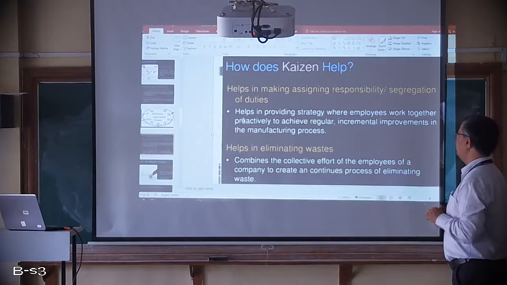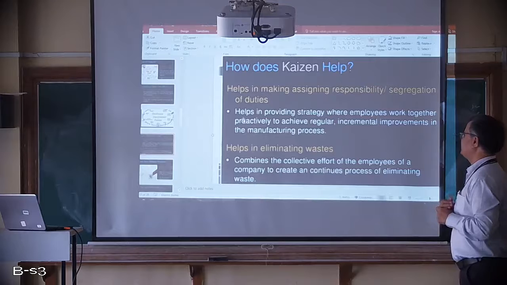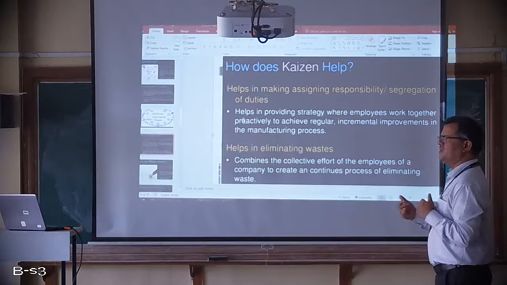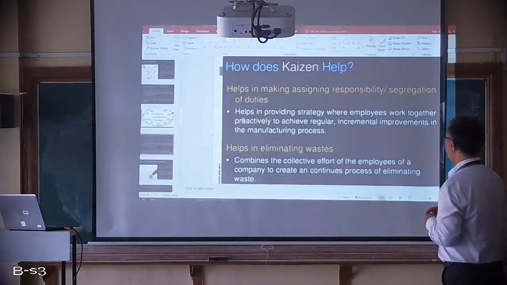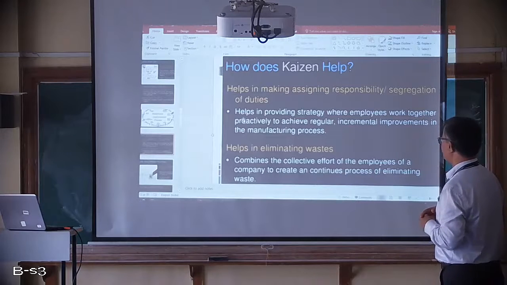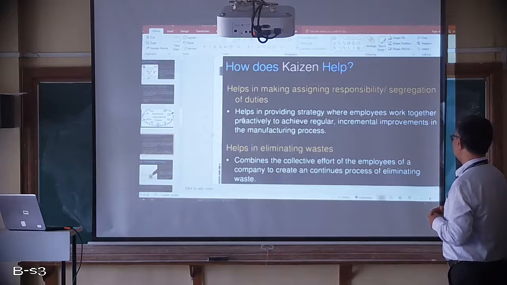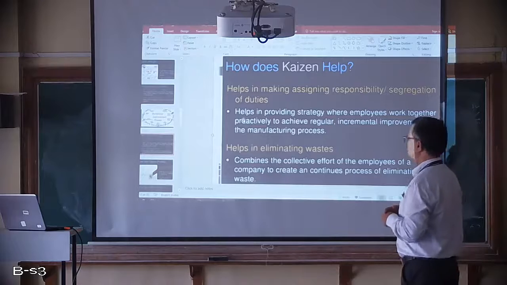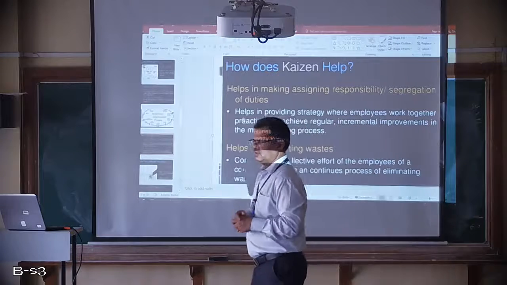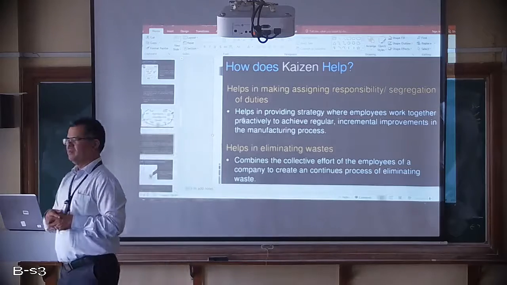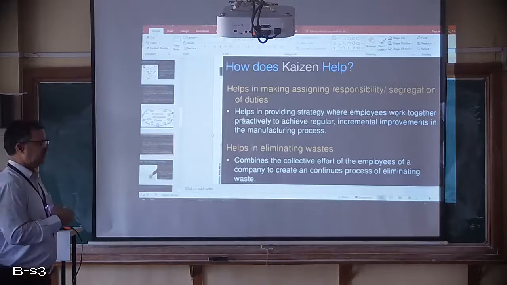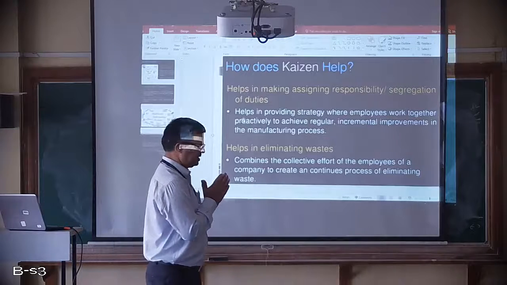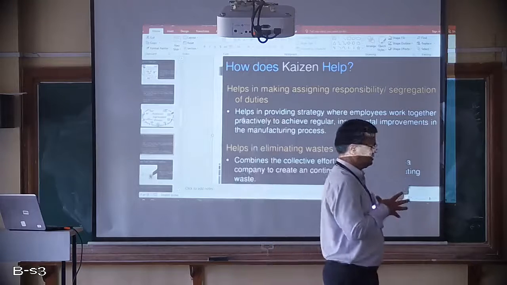Thirdly, it helps in eliminating wastes. So how would this continuous improvement help the organization eliminate waste? That is, combining the collective effort of the employees of a company to create a continuous process of eliminating waste. Collective effort means we can't blame a single system or single section or single unit to take responsibility for any defects in the organization.